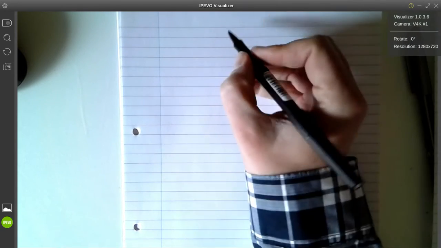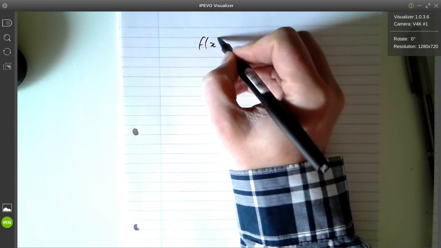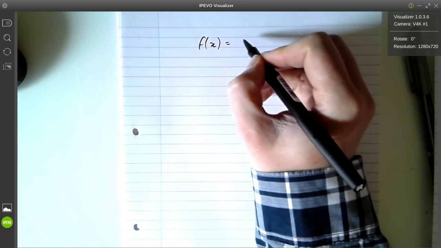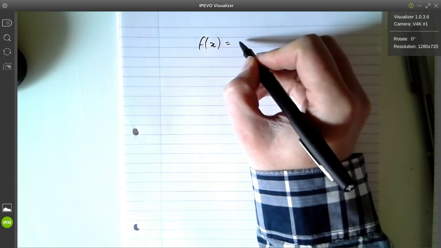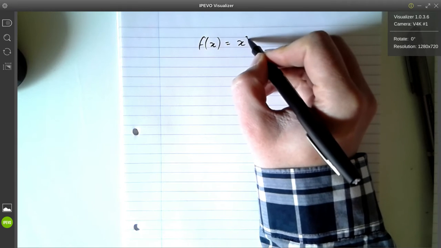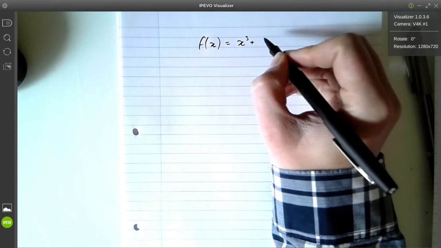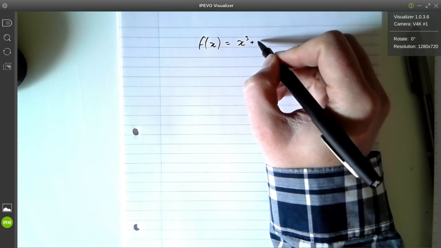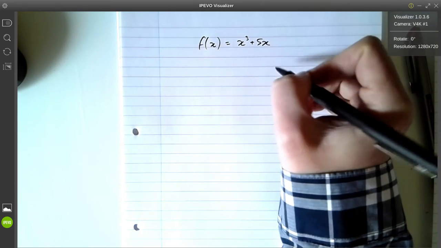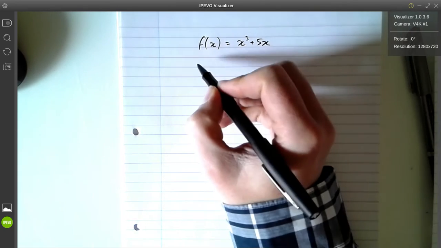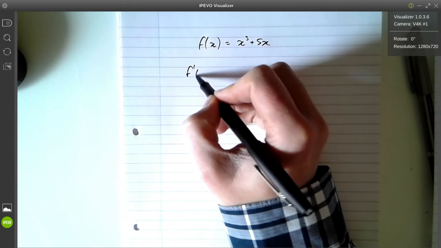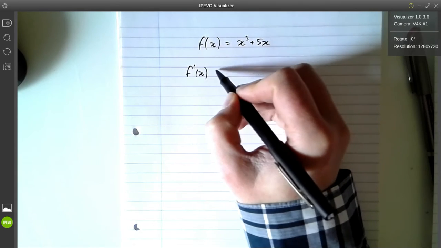I don't know, we could try something else. Let's say f of x is something we haven't done already. Let's say it's x cubed plus, I don't know, 5x. So let's apply the same principle to it.